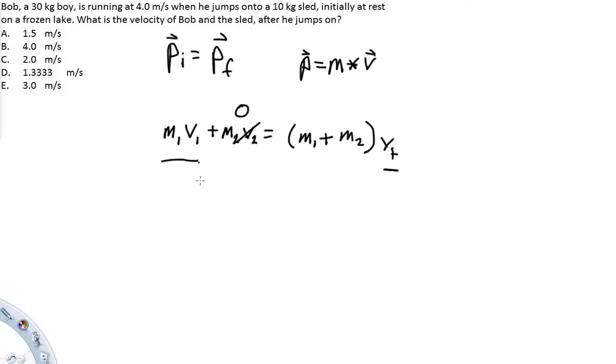So the velocity final is going to equal the mass of Bob times the velocity of Bob, divided by the mass of Bob plus the mass of the sled.